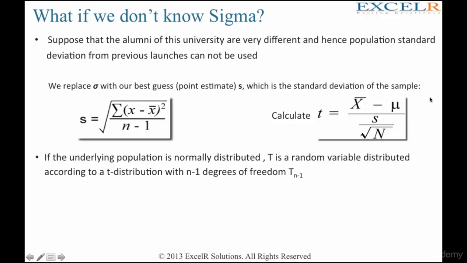Now, I want to explain to you all a small concept called degrees of freedom. What does this mean for this t-distribution? All right. Though this is a fairly complex concept, I'll try to explain in simple terms. And I request you all not to look for loopholes, rather try and understand the concept.